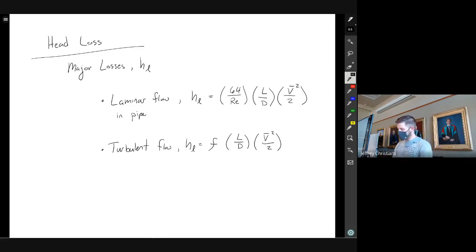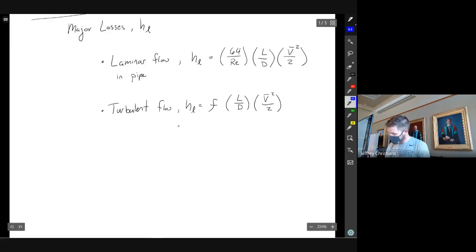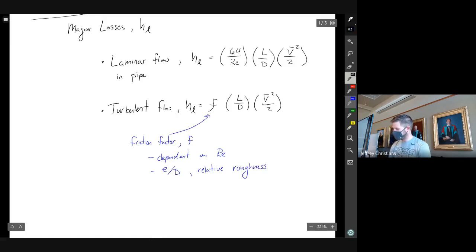And this friction factor is dependent on a Reynolds number and what we call E over D, which is the relative roughness of the pipe. So surface roughness of the pipe is going to come into play in turbulent flow.